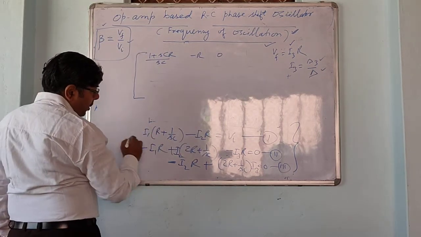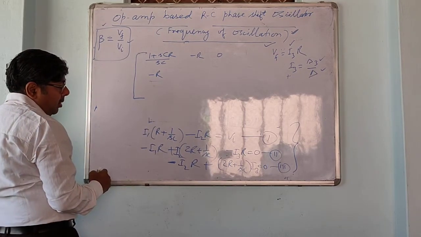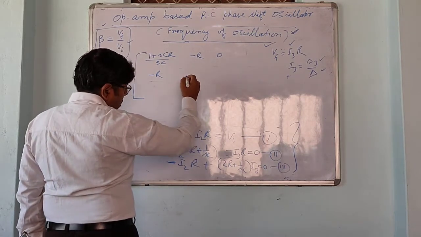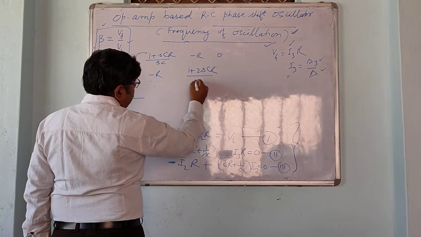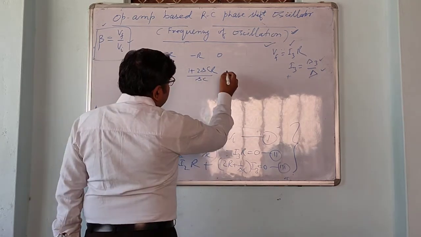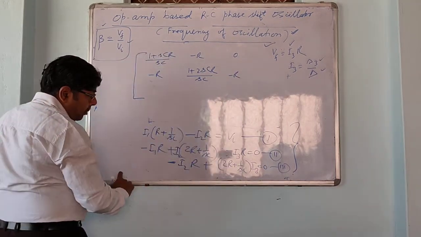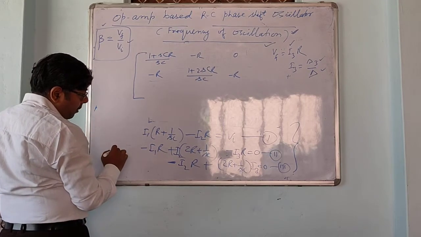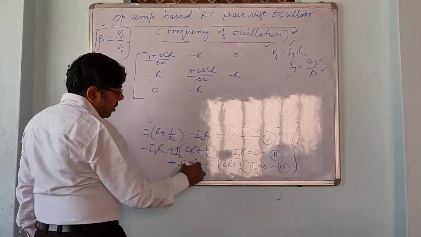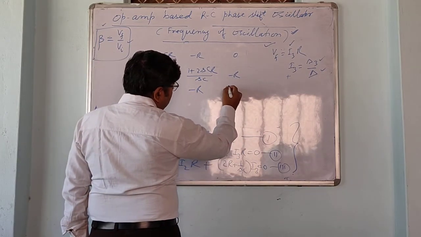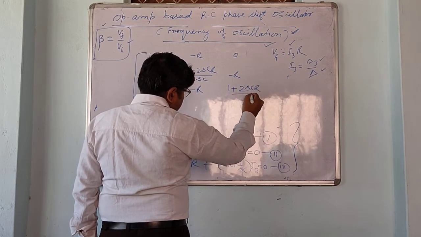And second row, coefficient of I1 is minus R, coefficient of I2 is 1 plus 2SCR divided by SC, and coefficient of I3 is minus R. From third equation, coefficient of I1 is 0, coefficient of I2 is minus R, and coefficient of I3 is 1 plus 2SCR divided by SC.